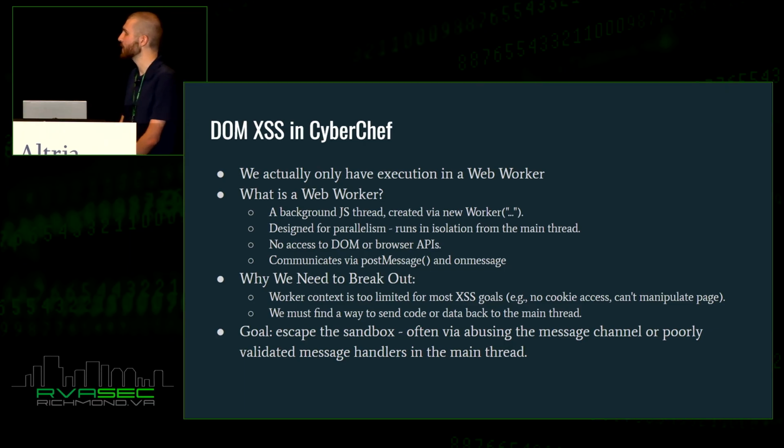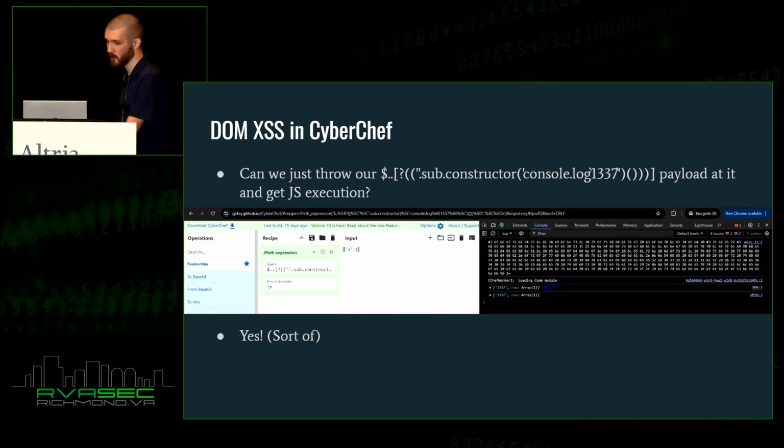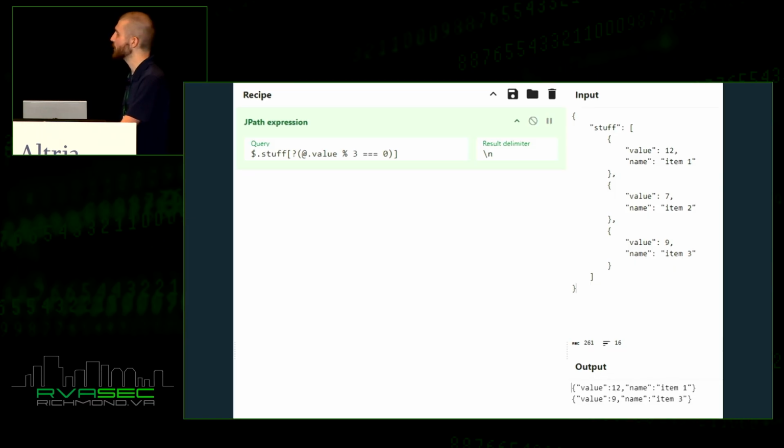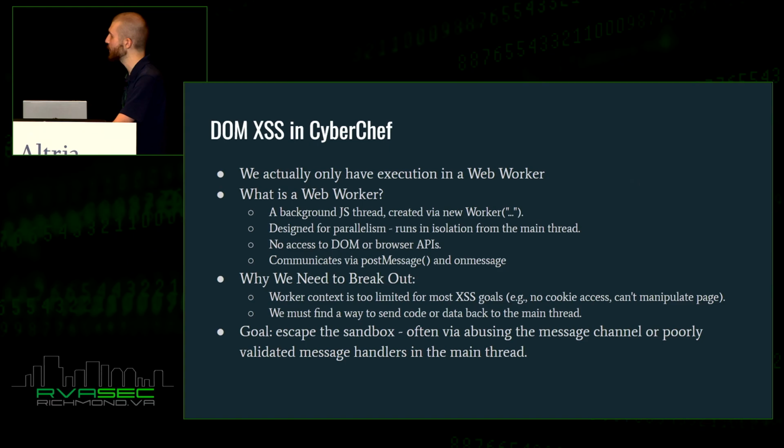It's non-blocking to the main rendering thread. If you're computing complicated stuff, these might be some really long recipes, it runs all of those in a web worker so that the UI doesn't freeze and lag while it calculates. But it does not have access to the DOM or browser APIs.